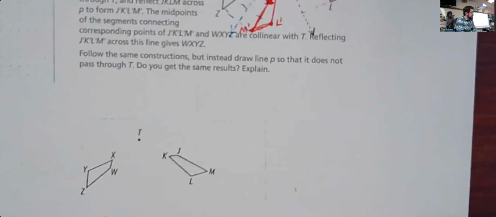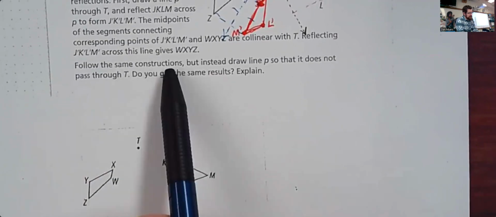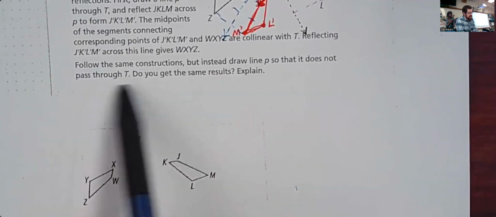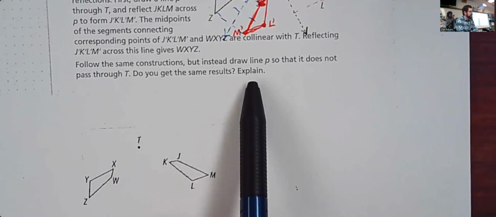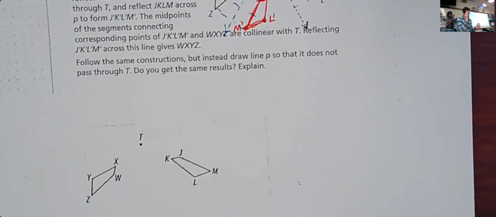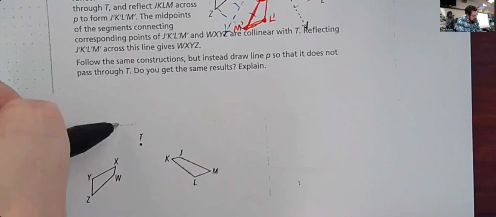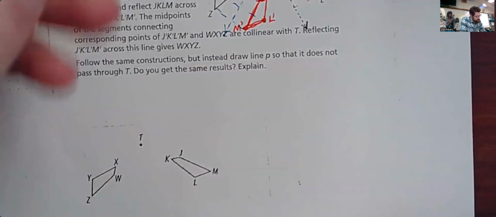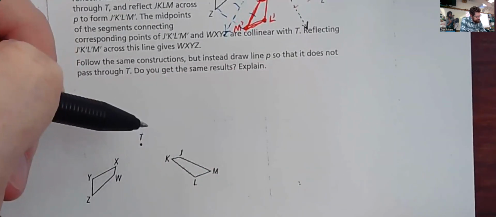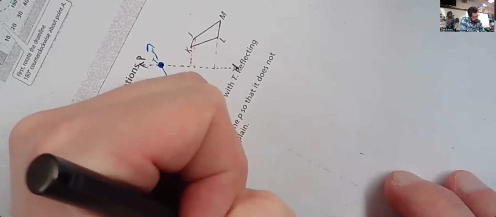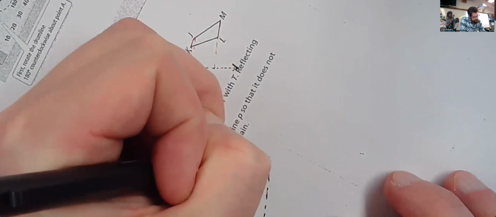Now it says follow the same constructions, but instead draw a line P so that it does not pass through line T. So let's draw a line this time and put it, let's see, I'm going to draw it like this. Here's line P this time.